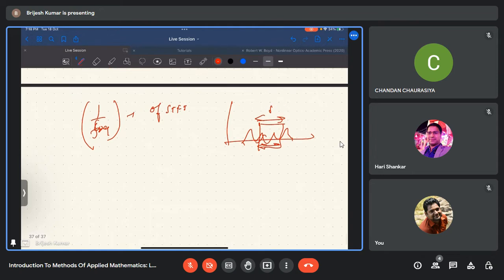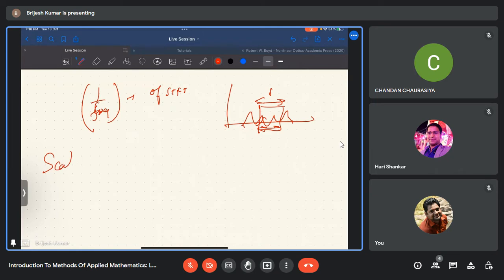We need a scale to define this window. The parameter scale in wavelet analysis is similar to the scale used in a map. Like in a map you use some scale, no?